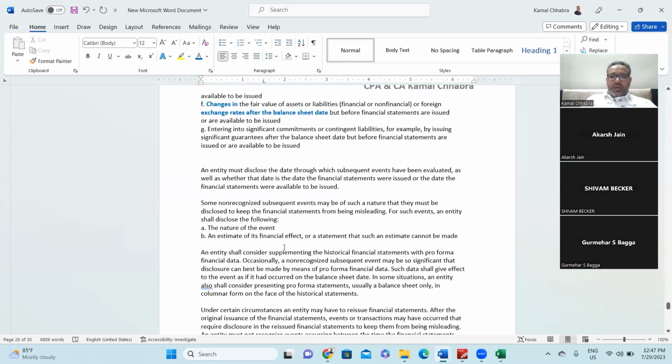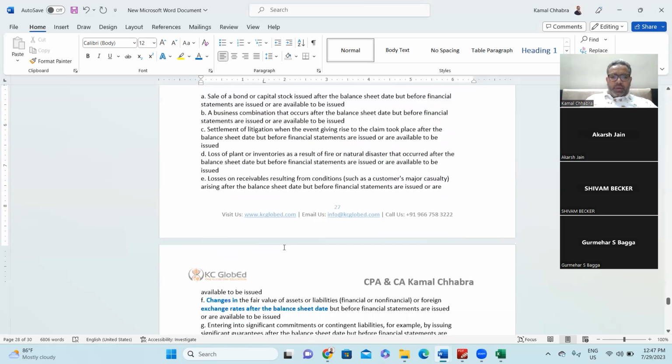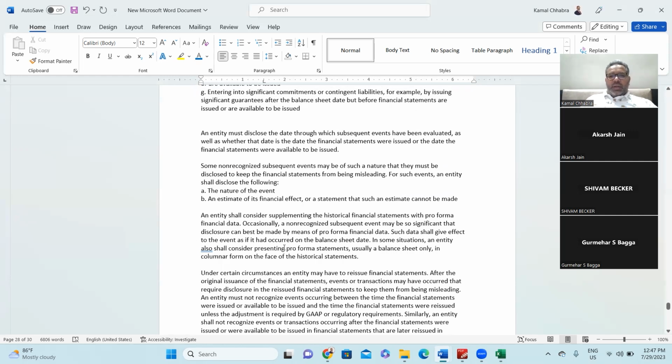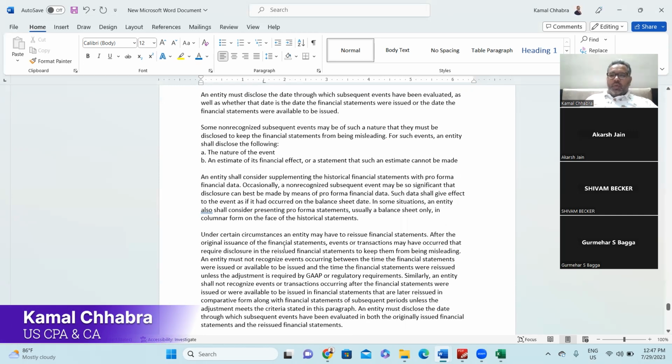Change in the fair value of an asset or liability or foreign exchange rate after the balance sheet date but before the financial statements are issued, right? And then next one is entering into a significant commitment or contingent liability after the balance sheet date but before the issuing date.